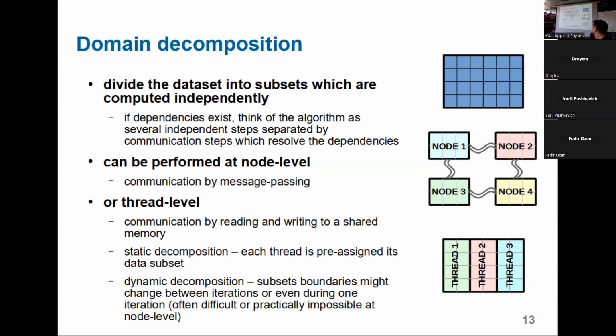And you don't need to know if, for example, this and this and this is always operated on by thread number 1, because you can assign that thread anywhere since you have shared memory. That's something you couldn't really do with message passing, or you could, but there would be a lot of communication if you were changing those boundaries and exchanging those values so that the nodes have those new boundaries as you want them assigned.